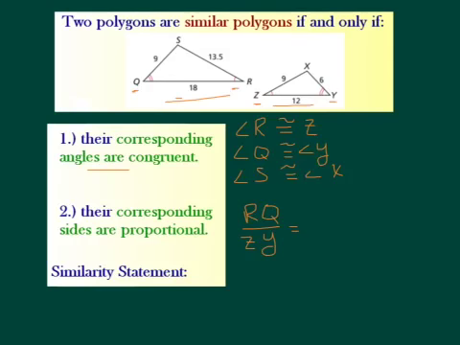The ratio of the length of RQ to the length of ZY is 3/2. Okay, great. Now remember, two ratios are proportional when the ratios are equal. So I want to see if the ratio of the two other corresponding sides are equal to 3/2. And if they are, that means the corresponding sides are proportional.